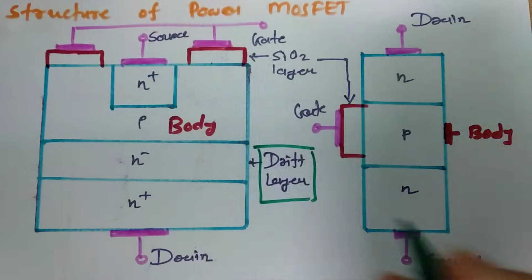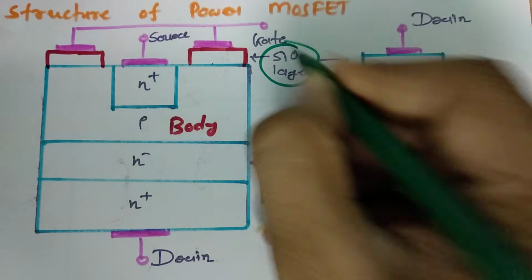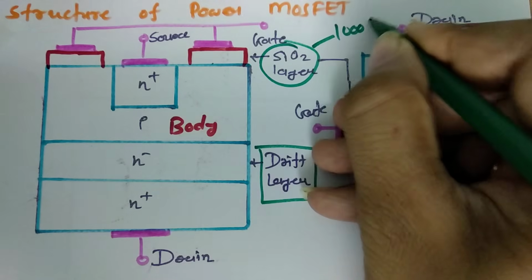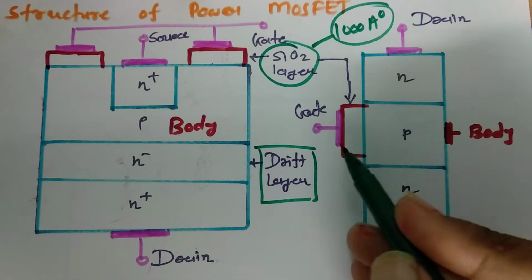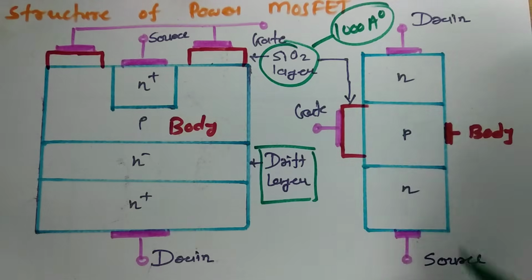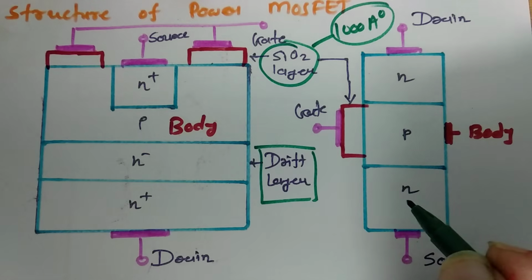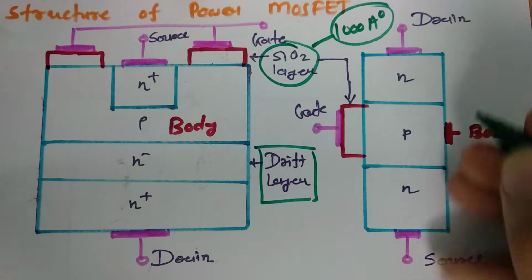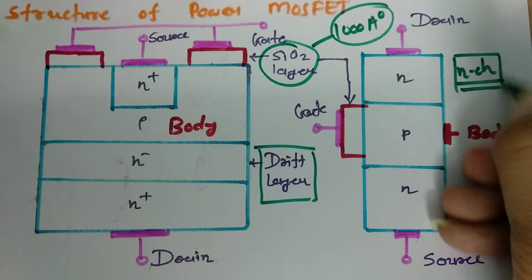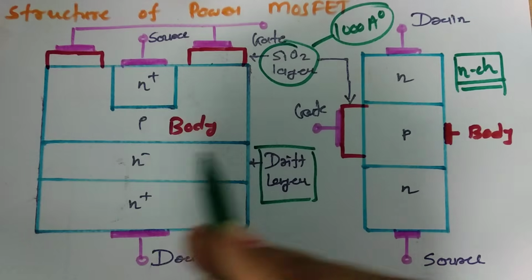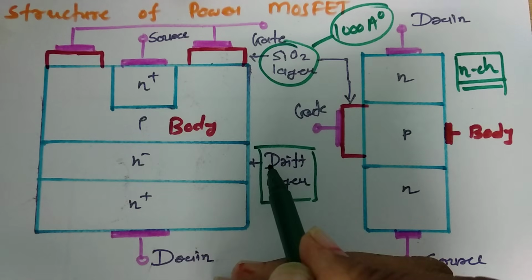The thickness of the SiO2 layer is around 1000 angstrom, and this is what creates a capacitance. So gate is connected via the SiO2 layer, and drain and source are directly connected to the n-type layer. This is the structure of an n channel MOSFET.